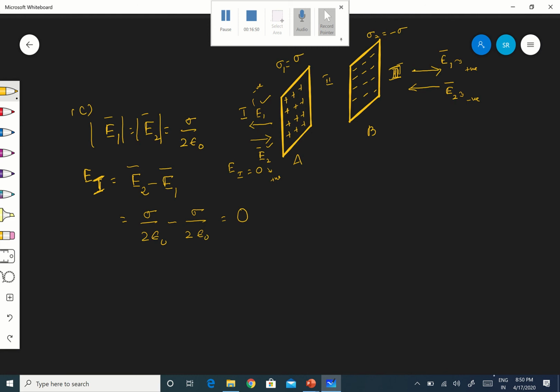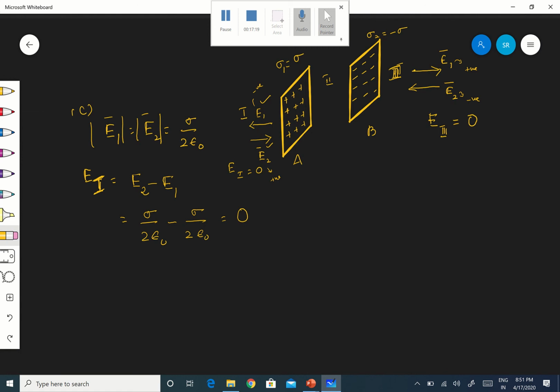Therefore, in this case also, E3 will be equal to 0. Are you following? Here E1 is positive but E2 is negative, but both are equal and opposite. Therefore, it will be equal to 0.